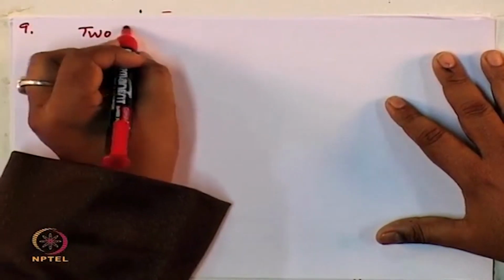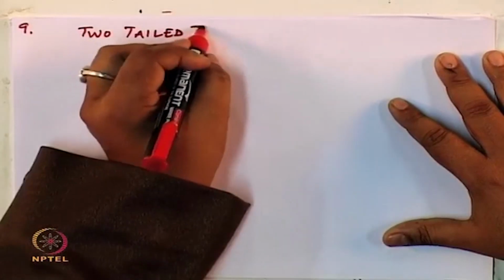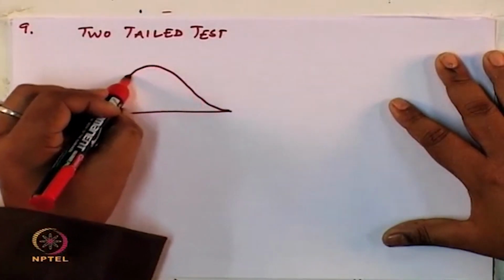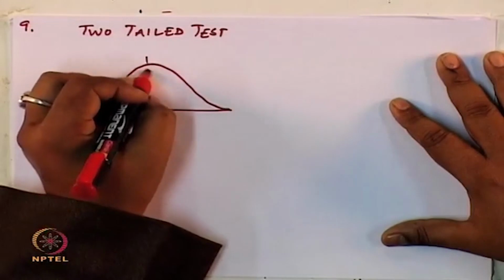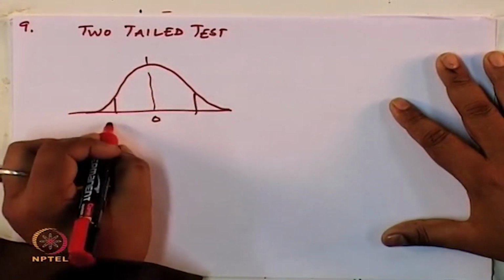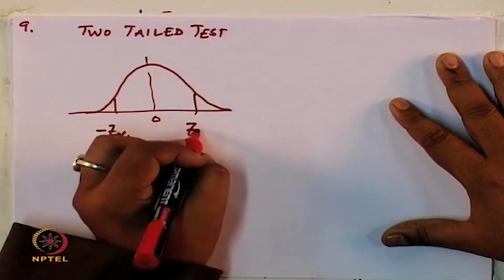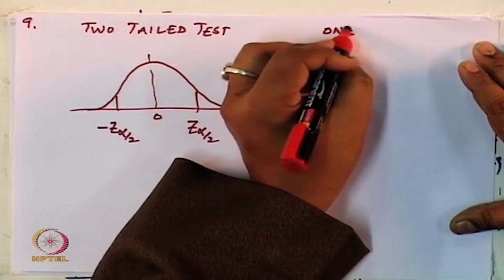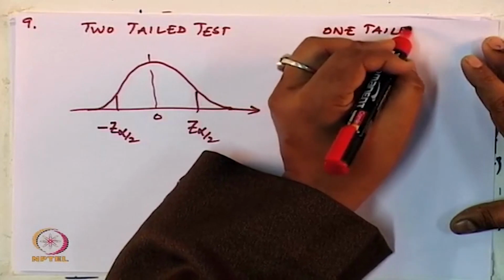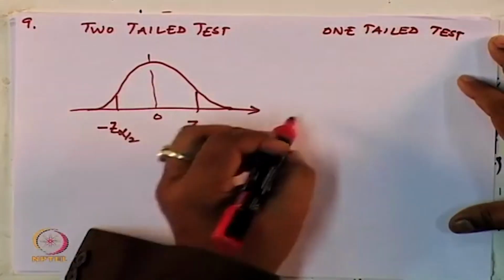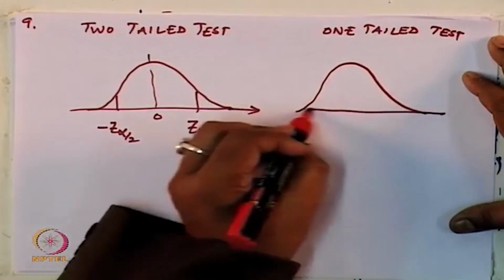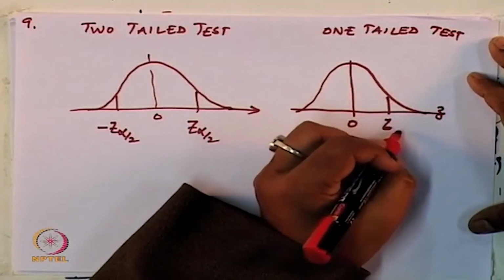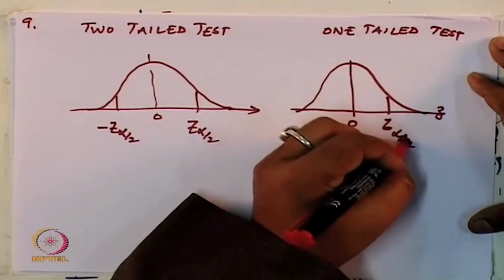For a two-tail test and for a one-tail test, I can just write Z of alpha.